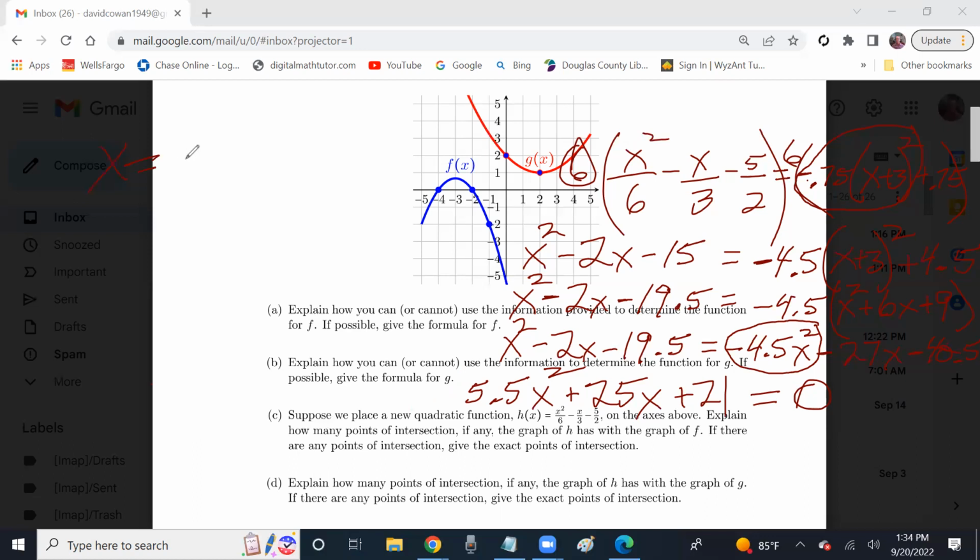It's minus b plus or minus square root of b squared minus 4ac all over 2a.